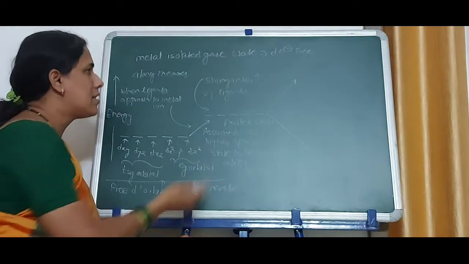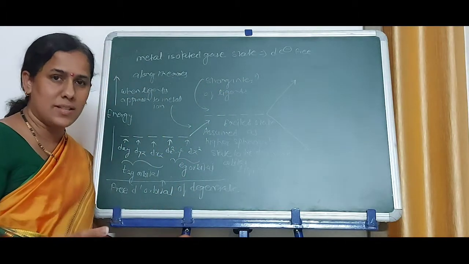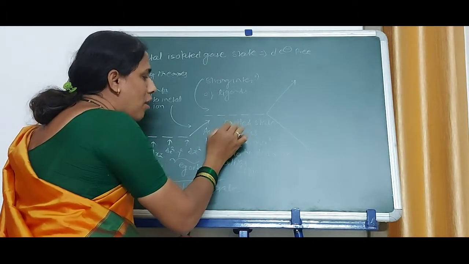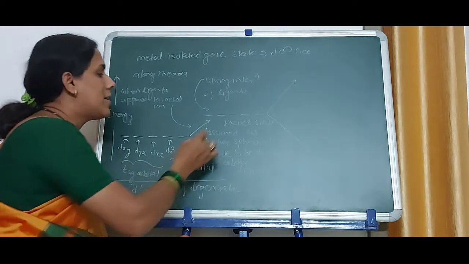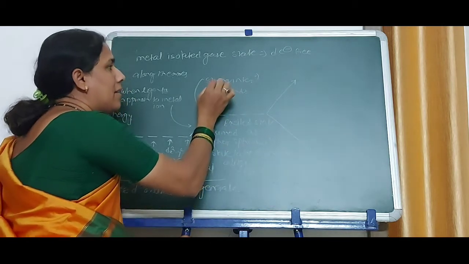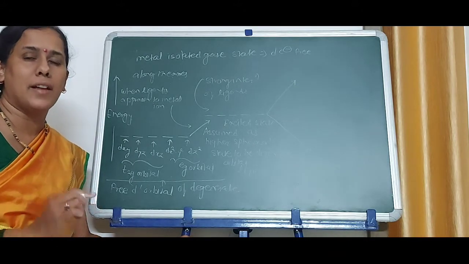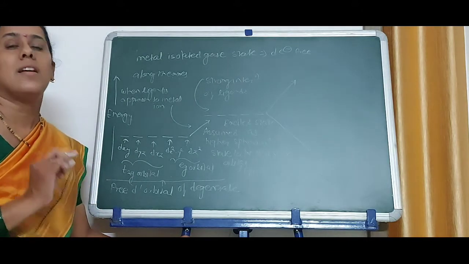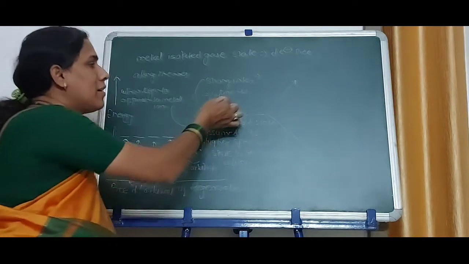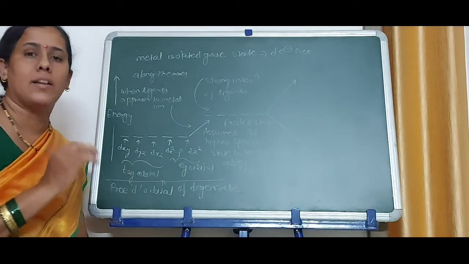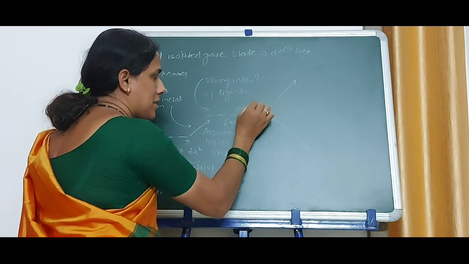Why? Because the electrons from these ligands possess negative charge, and the electrons of the metal cation also have a negative charge. When they interact with each other there is large repulsion, and due to this large repulsion there is strong interaction of ligands with the central metal ion, and that is why the splitting of these d orbitals takes place.